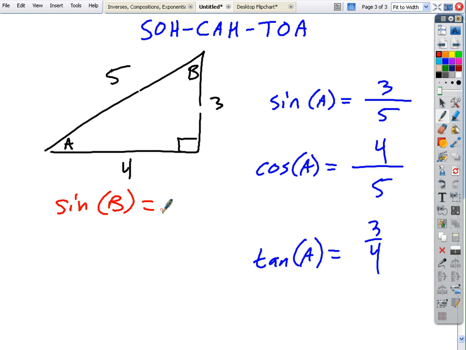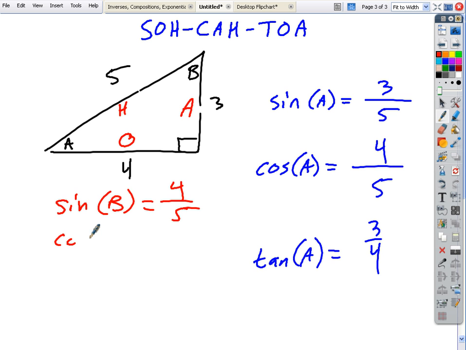Does everybody agree now? Because from the perspective of angle B, and it's going to change for each angle, the hypotenuse always stays the same, doesn't it? But the opposite of angle B is going to be this side, and the adjacent side to angle B is going to be that side, so it switches it around, right? Sine of B ends up being 4/5.